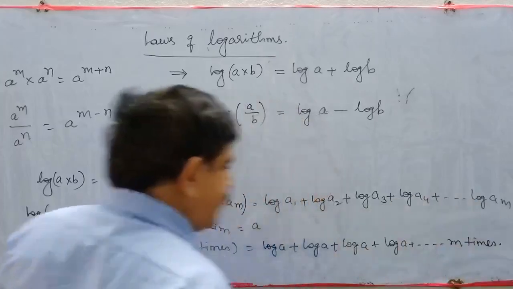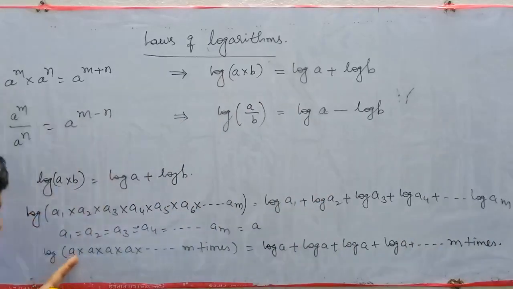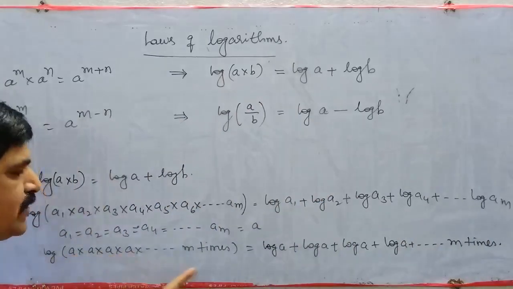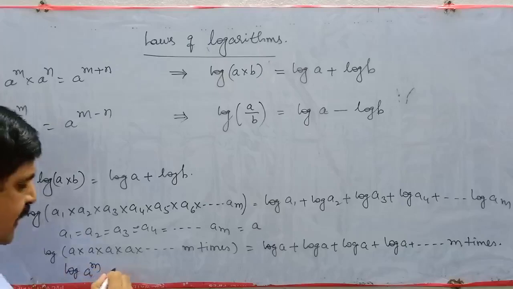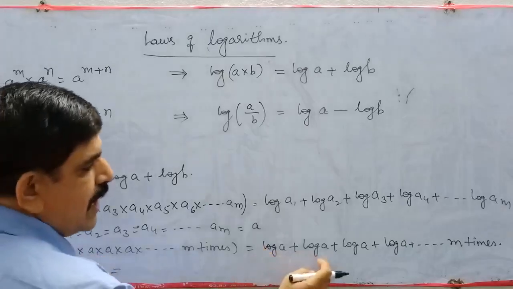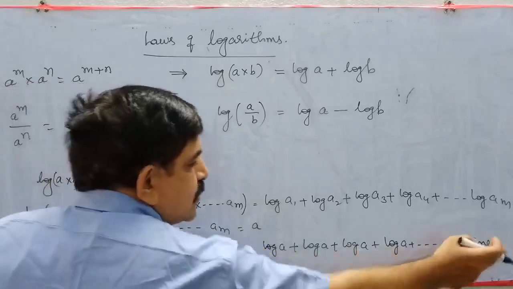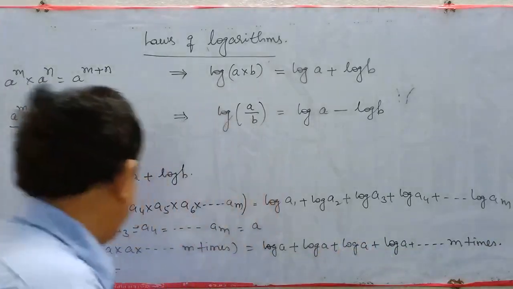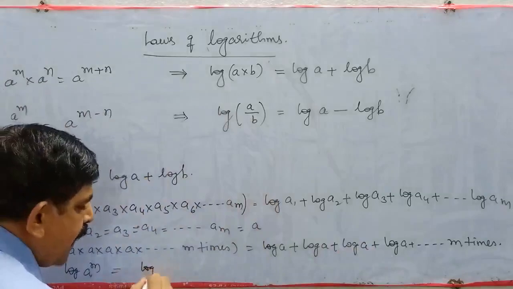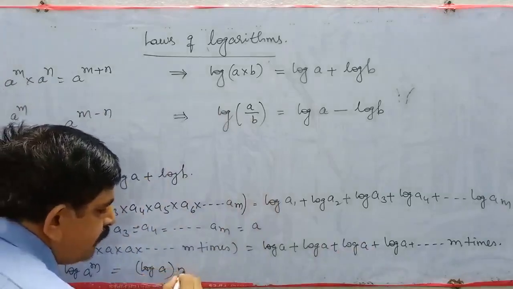Okay, m times. Then a into a into a into a and so on m times can be written as a to the power of m, so log a to the power of m is equal to log a plus log a plus log a plus and so on, how many times? m times. So these can be written as log a into m times.